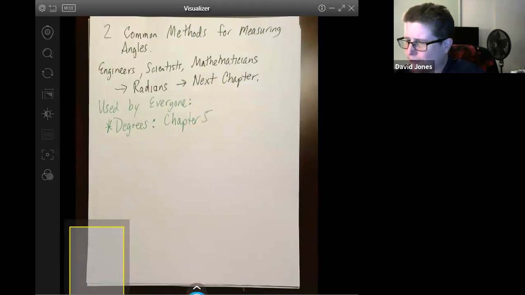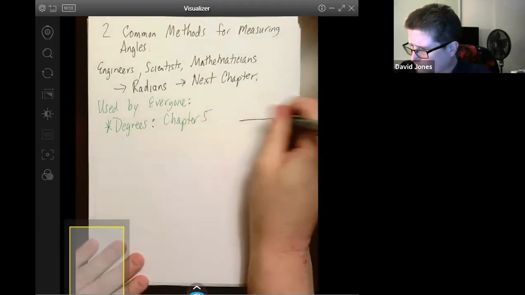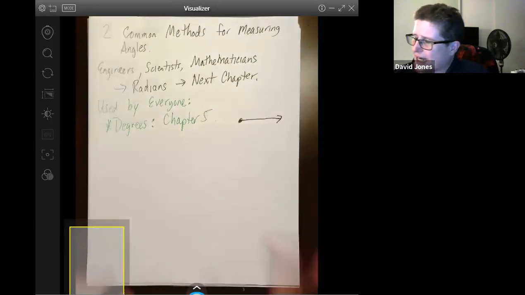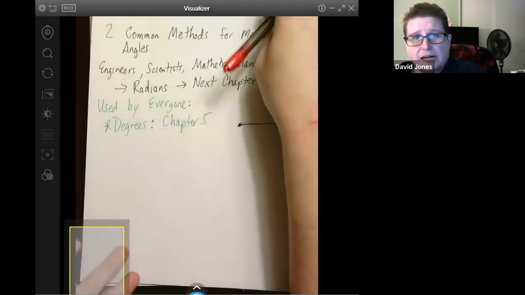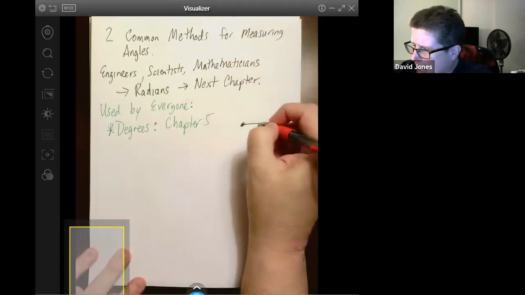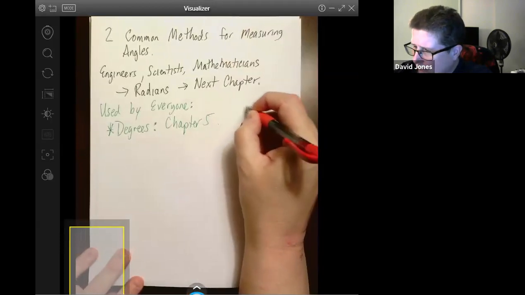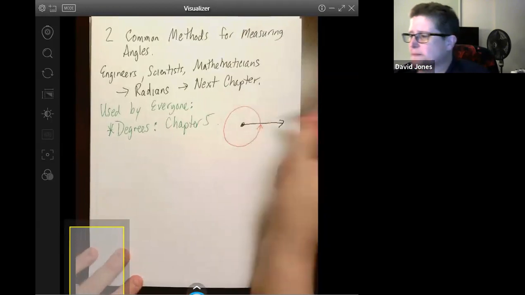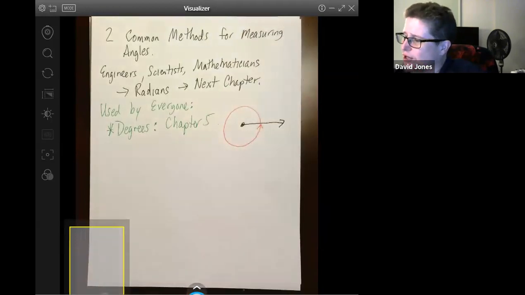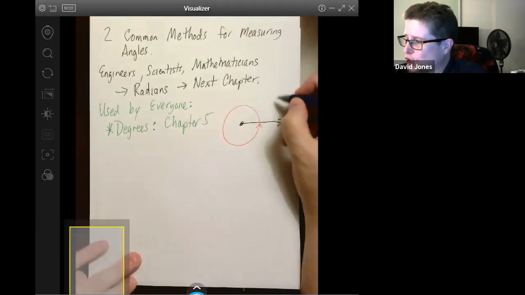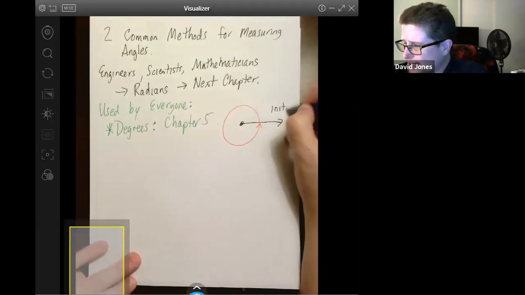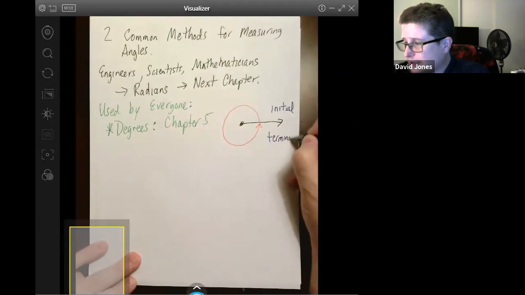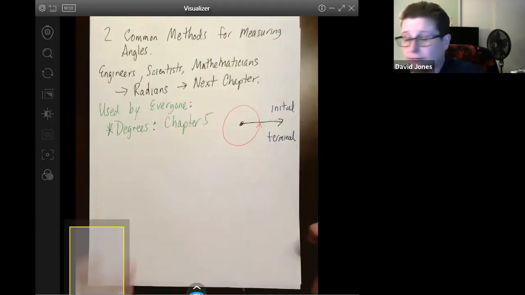So we have a ray. And if I make it go all the way around and it comes back and the ray hits again, so this is both the start, the initial side, and terminal side of an angle.